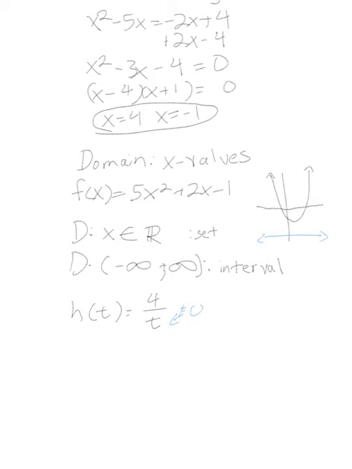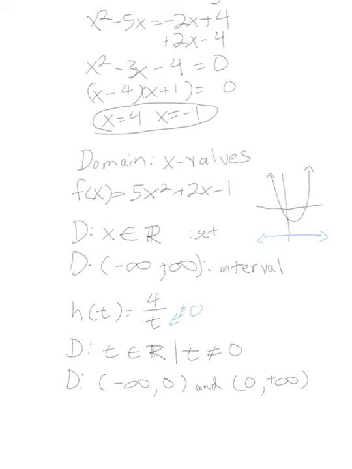So our domain here is that t can be all real numbers. However, t cannot equal 0. Another way to write this is that from -infinity to 0, t can equal, and from 0 to +infinity.